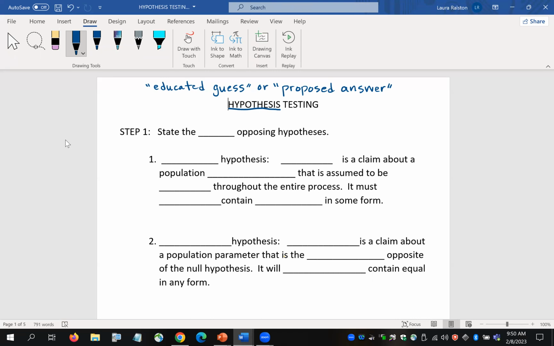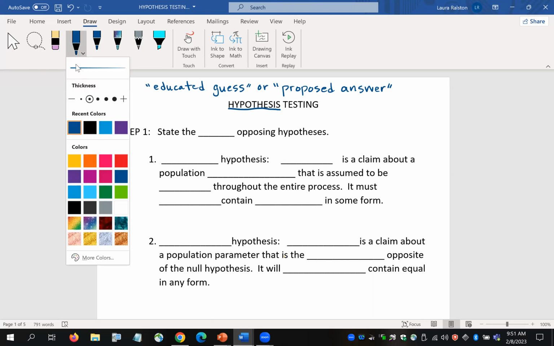And then there is a process, I don't know that it's a rigid procedure, but the procedure is pretty much the same steps every time that we walk through to either verify or prove our proposed answer, or to possibly disprove that particular proposed answer. So we're going to walk through those steps in the hypothesis testing process.